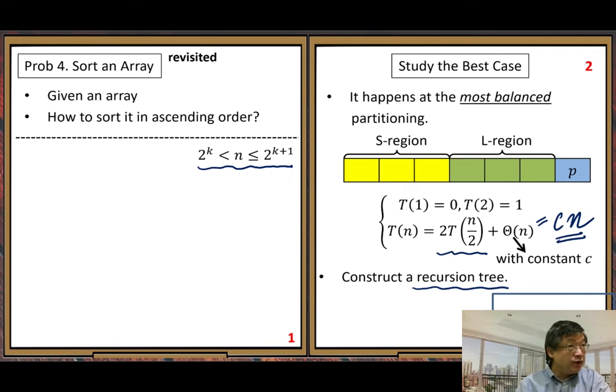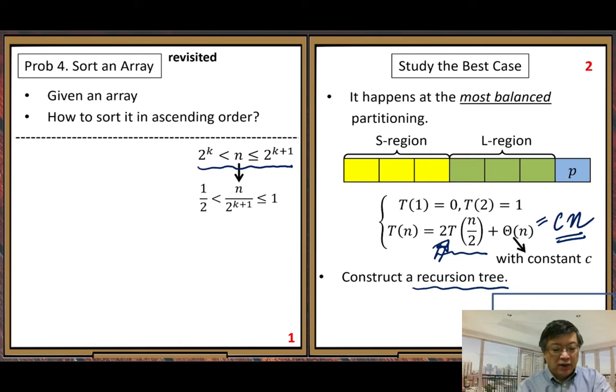It's a binary tree, right? The reason it is a binary tree, look at 2 times T of n over 2: 2 branches. Every time we split T of n going down, we have 2 branches. So that's the reason we need to draw a binary recursion tree.